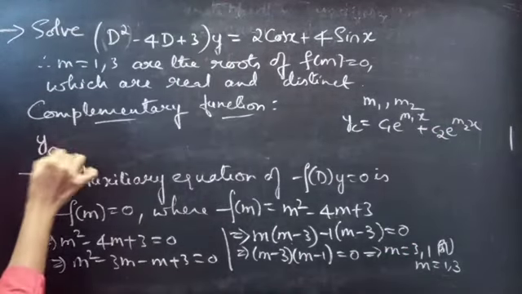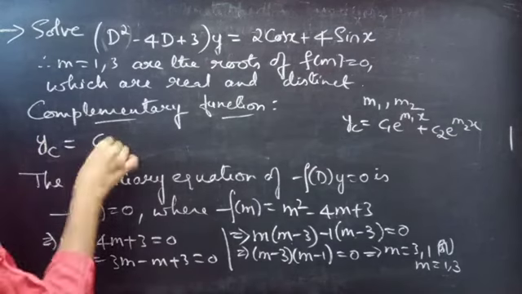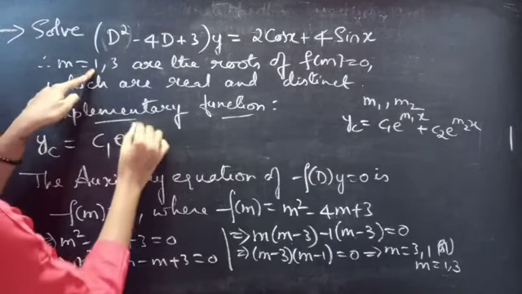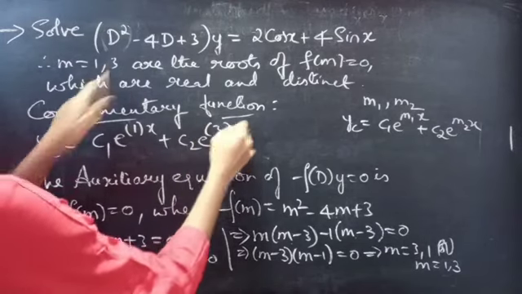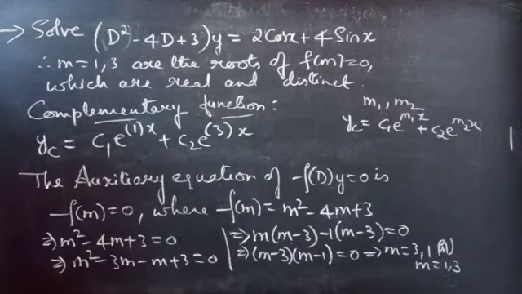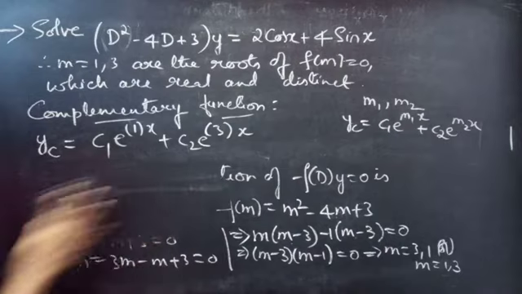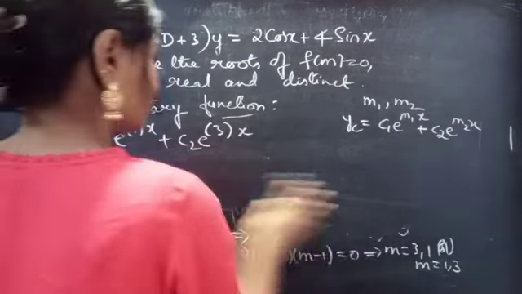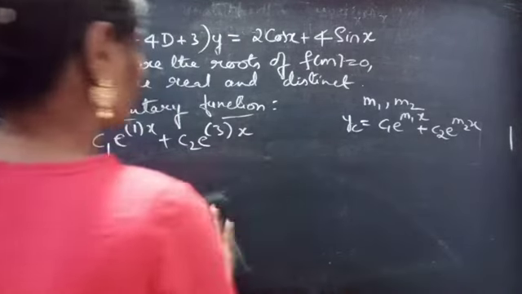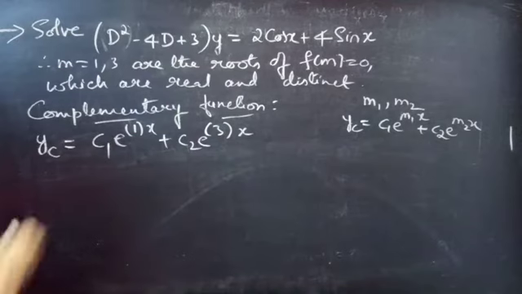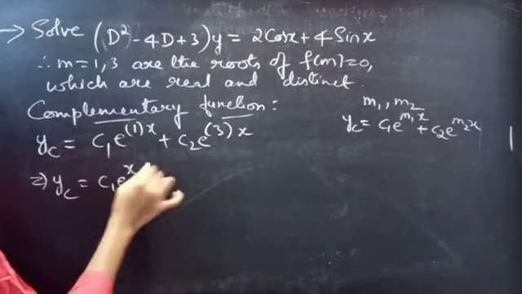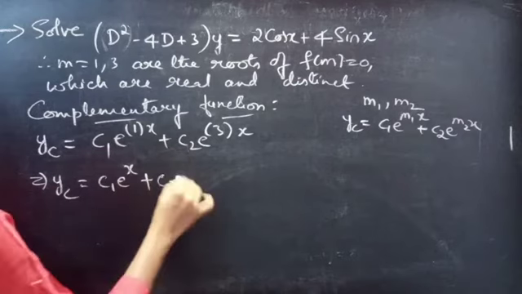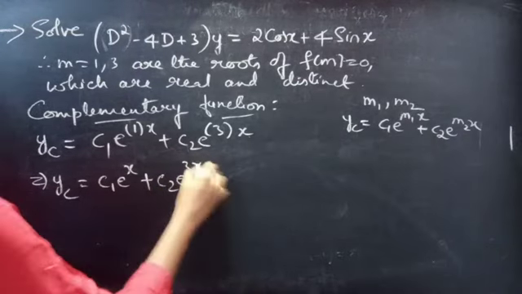Now our complementary function looks like this: c1 e^(1x) + c2 e^(3x). Then yc = c1 e^x + c2 e^(3x).